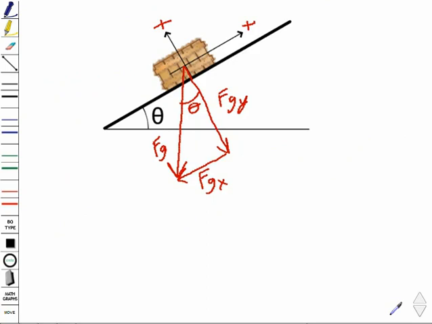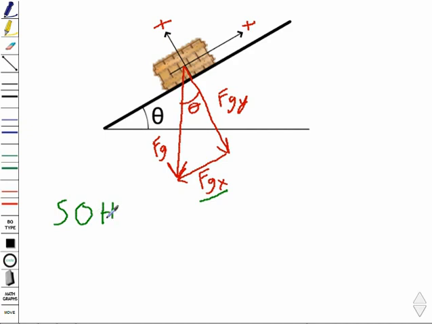Okay, now for the next part of the problem, we're going to look at the parallel component of the weight. So if we look at this, we know our hypotenuse, we know our angle, and we're dealing with the opposite side. So if you go back to that mnemonic device, we're going to use the SOH part of SOHCAHTOA.